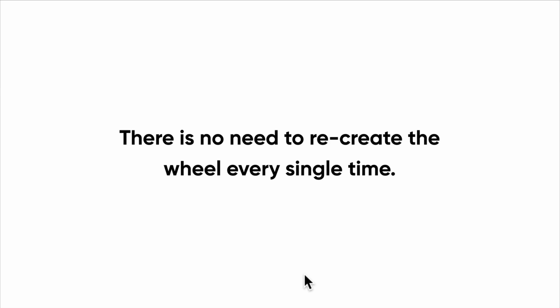Now, there is no need to recreate the wheel every single time. Although we could design our own solution to the problem, several useful solutions have already been designed in the past and they're proven to be effective. So there's no need for you to go out there and redesign something over and over again to get a different result when there's no need to.